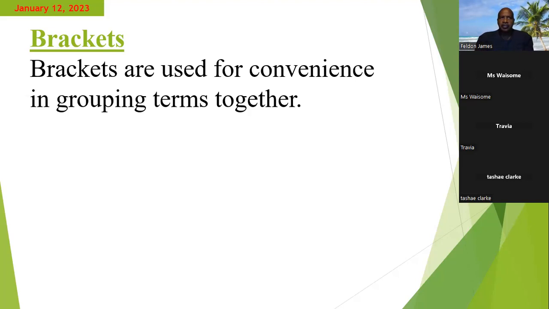The word distribute means to give out. And so when we're multiplying distributively, we're taking what is being multiplied and we're multiplying it to each term in the bracket in a distributive way, meaning we are giving what is outside to what is inside distributively.